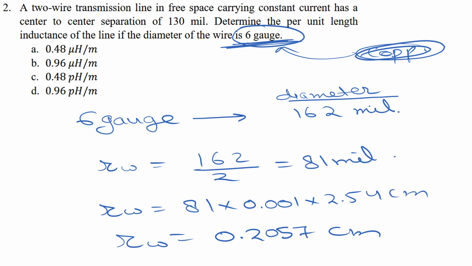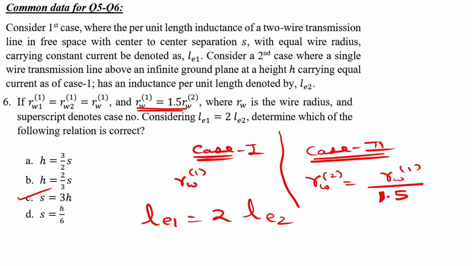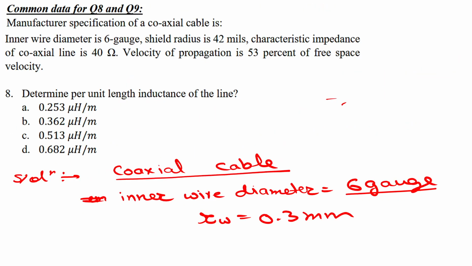I am not sure whether it is correct or not, but I will get back to you in the next class and we will clarify it. For now, let's assume the value to be 0.3 millimeters.